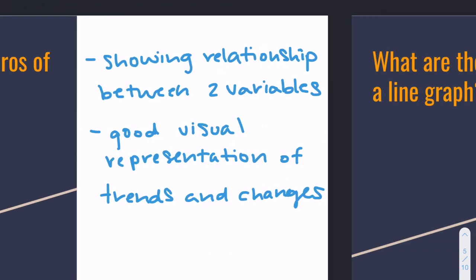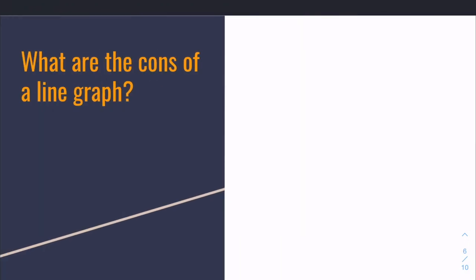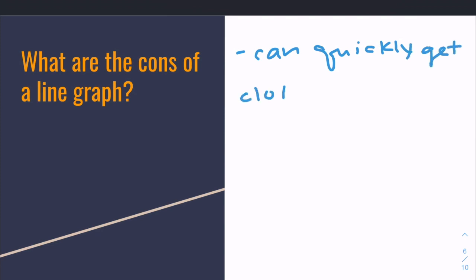There are, however, some cons with line graphs. Okay, line graphs can quickly get cluttered, and that makes them hard to read. This is especially if you have multiple lines going on the same axes.